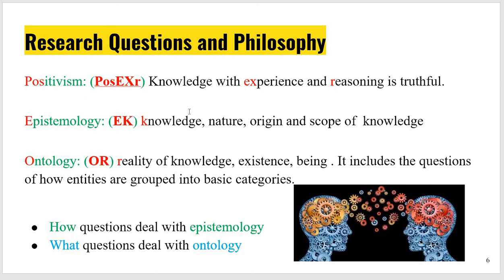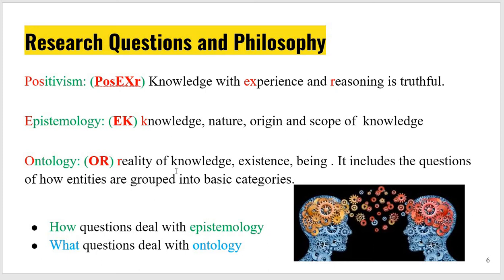So positivism, and I have made a short word, pos, means a knowledge which has been gained through experience and reasoning. Epistemology, I have made a short word, ik. Epistemology, e has been taken and from knowledge k has been taken. So epistemology is knowledge, nature, origin and scope of knowledge. Basically epistemology is knowledge.